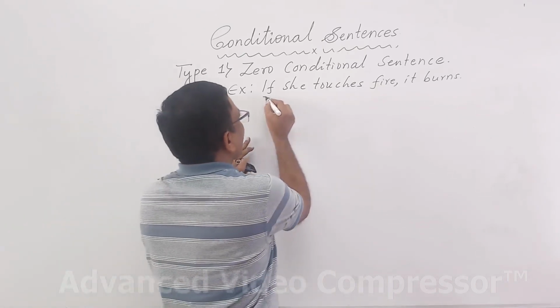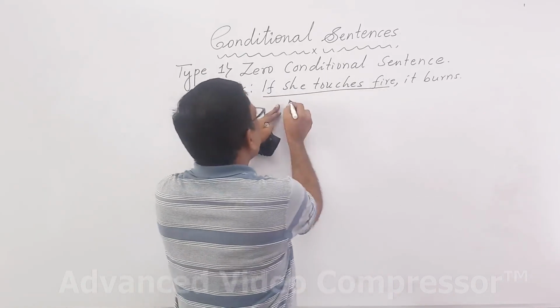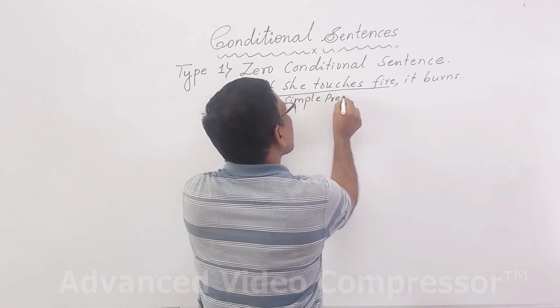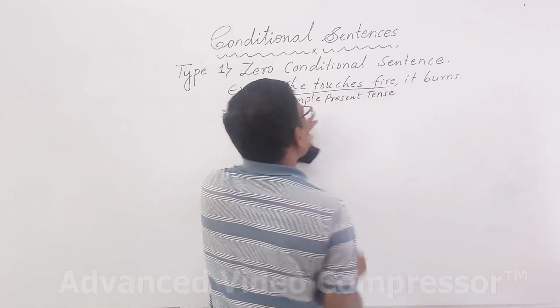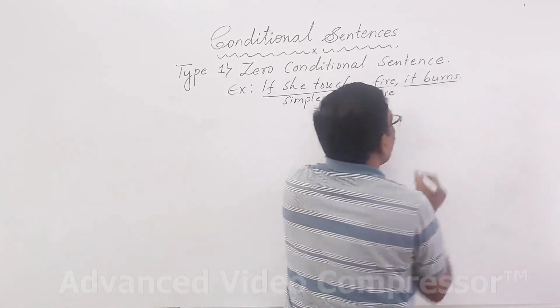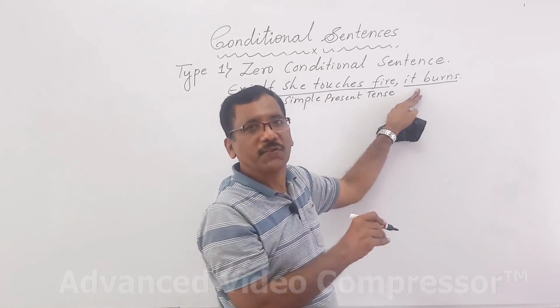See the conditional sentence. If she touches fire, this is in simple present tense. The conditional clause is in simple present tense. And see the main clause. The main clause also is in simple present tense.